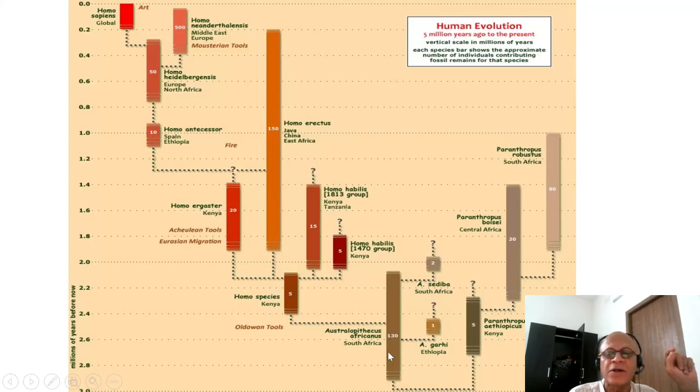So Australopithecus africanus is still here, and here we go into the Homo lineage. So this is where the Oldowan tools are found, which corresponds to some skills in terms of opposable thumbs and so on. So some evolution is happening along the way, as we will see in a minute.